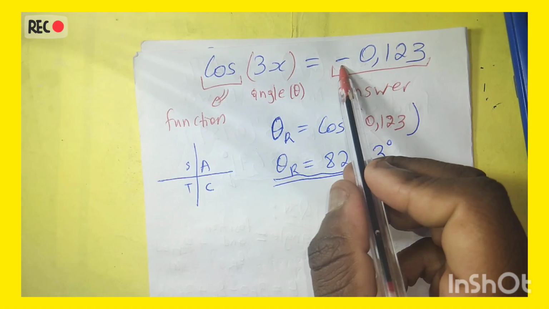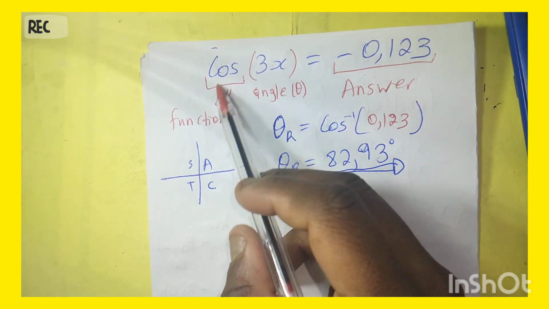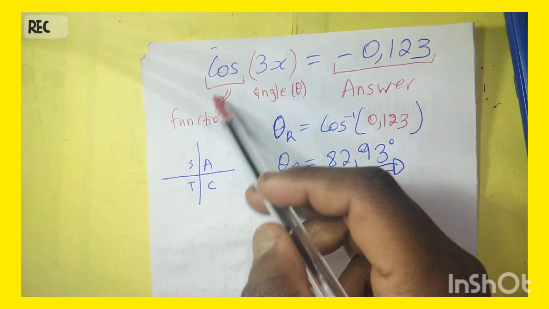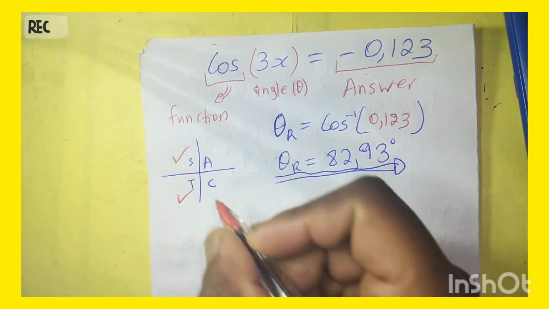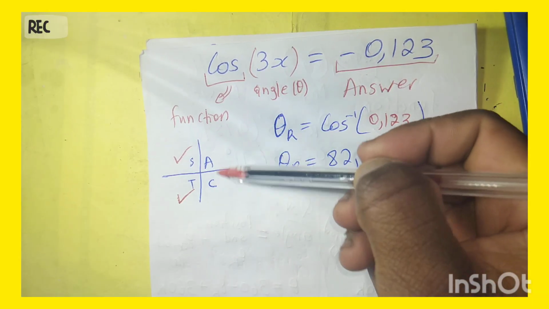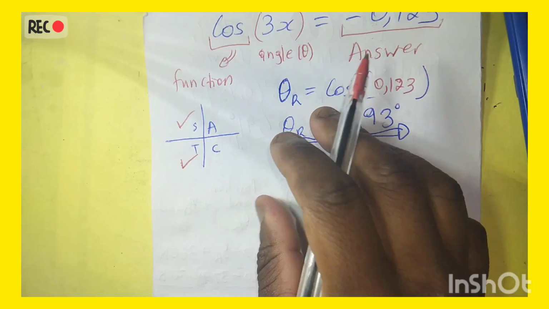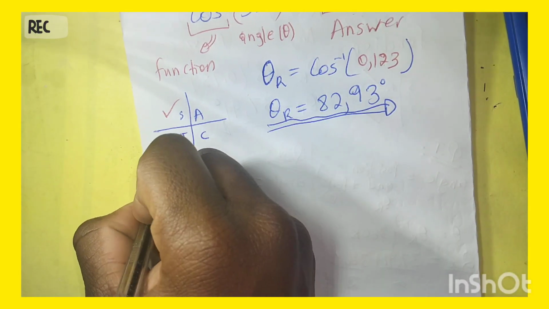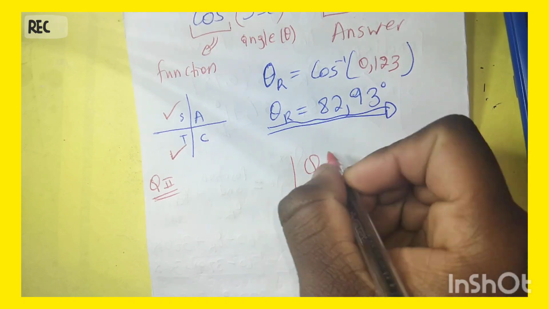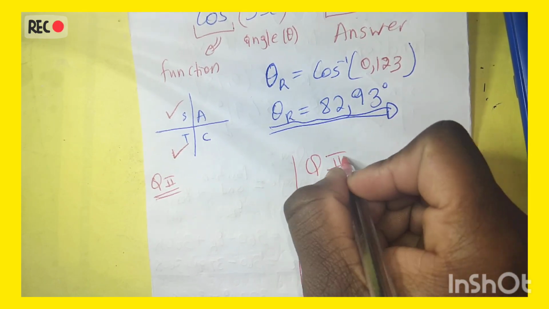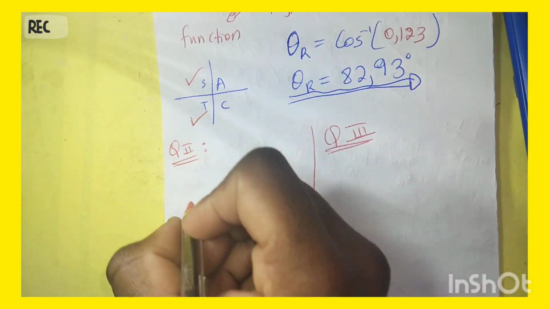Since our answer is negative, that function is negative. Cos will be negative in these two quadrants, because cos is only positive here, but here it is negative. So my general solution will be in the second quadrant and at the same time in the third quadrant.